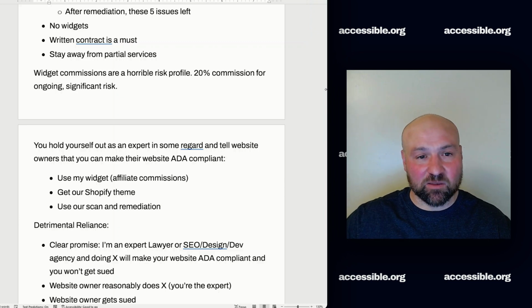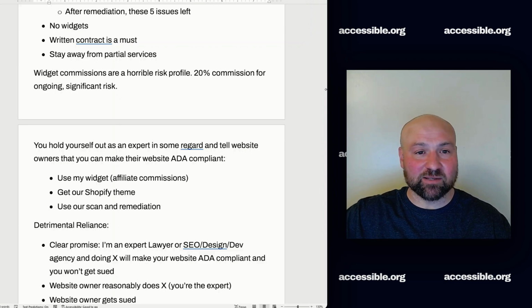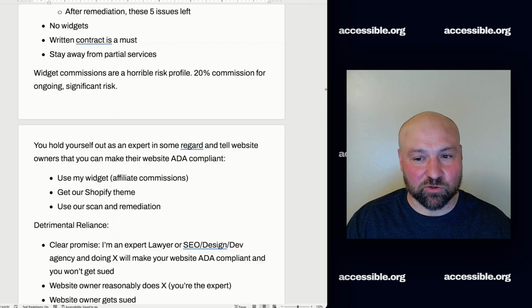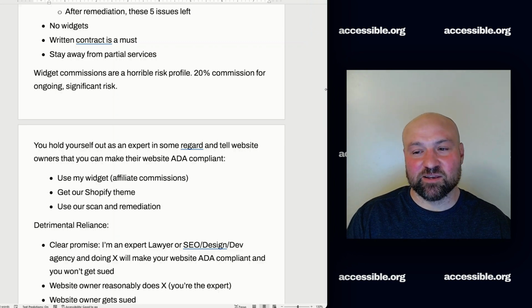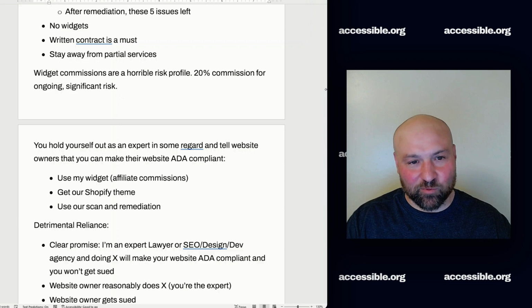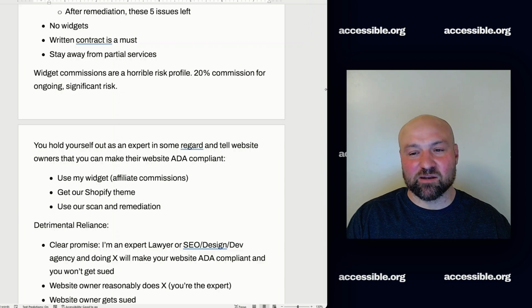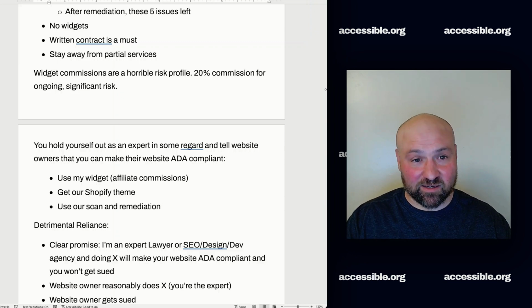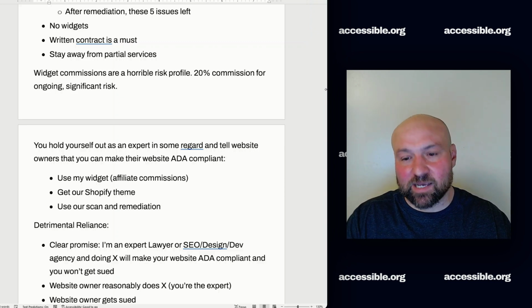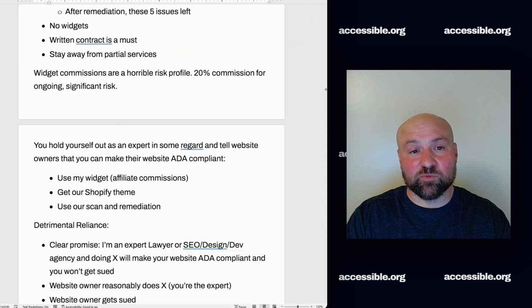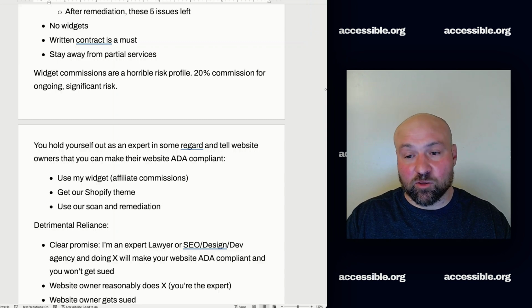It is not just the big websites, it's not just the big companies, it is small businesses too. So for many different reasons, you want to make sure that you research this and you know what you're talking about. If you're going to hold yourself out as an expert and you're going to advise on ADA compliance or compliance with another law and accessibility, you want to make sure that you align your clients with the truth, what is the reality.